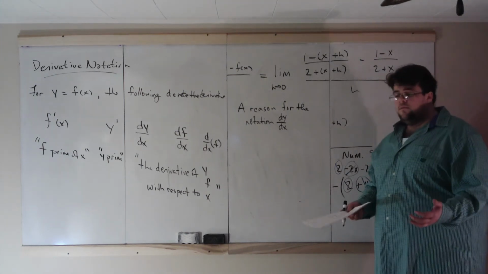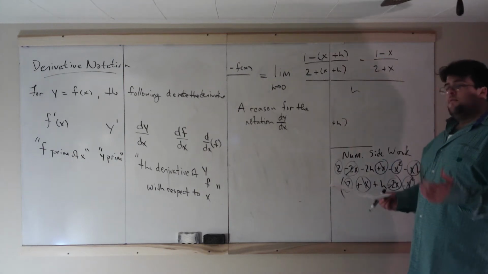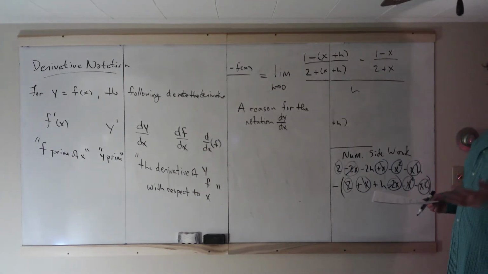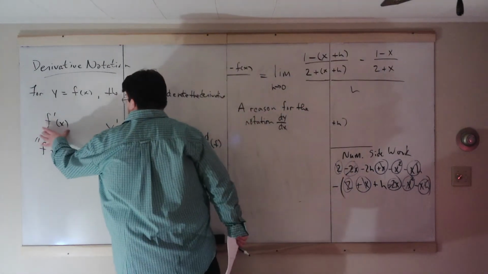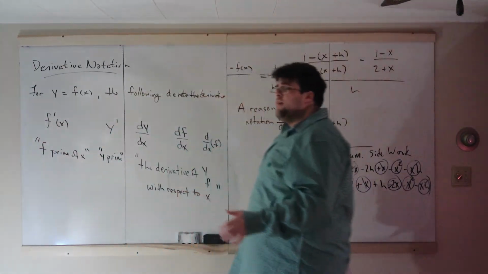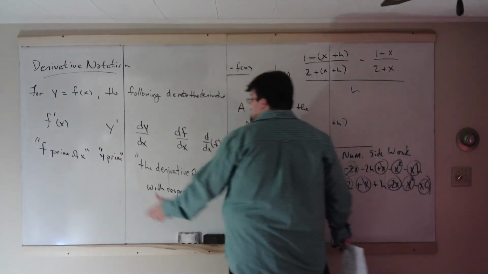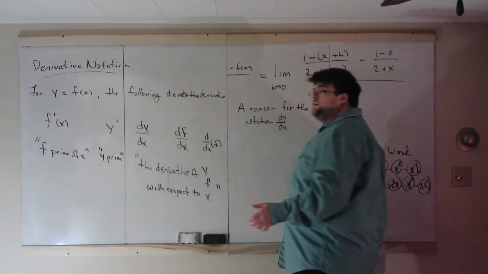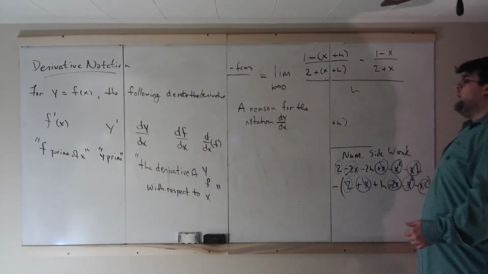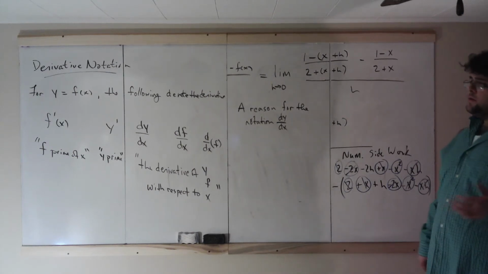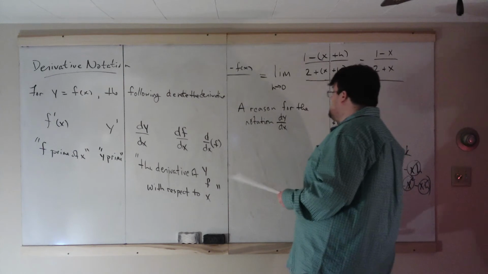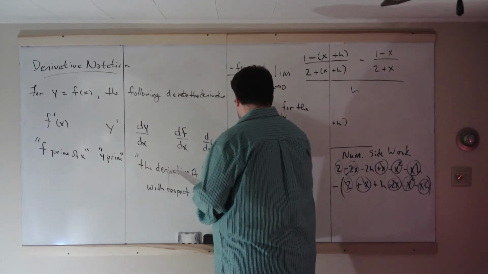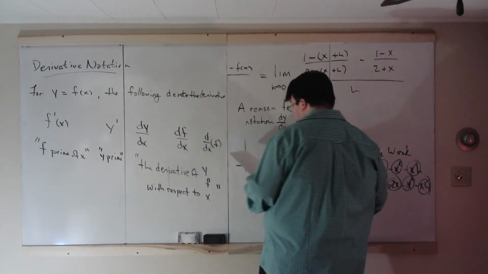But the two of them thought of what they were doing a little differently. Newton used a notation similar to f prime of x. Leibniz used a notation similar to dy dx. So f prime of x we just defined as the limit. For the notation dy dx, there's a simple reason how we can arrive at it.